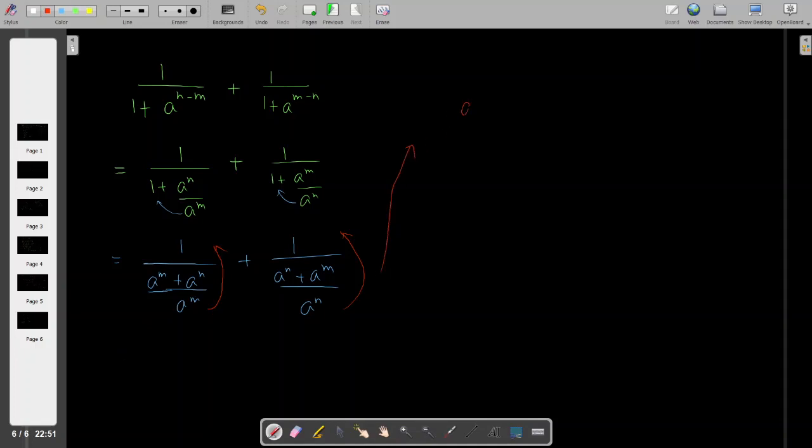It will be a to the power m by a to the power m plus a to the power n. Then there is plus again, so it is a to the power n by a to the power m plus a to the power n. Okay, this is what you get.